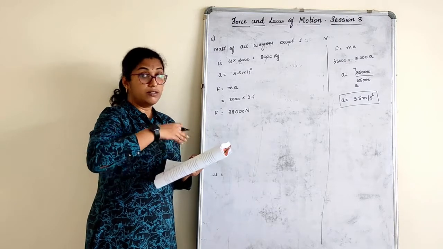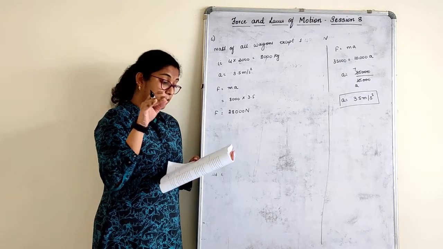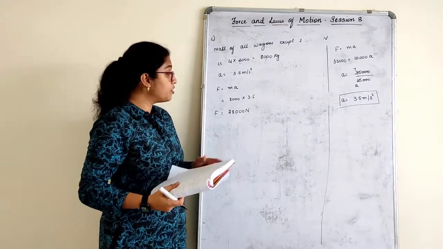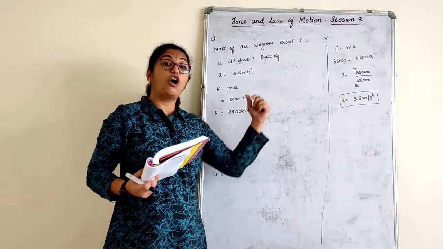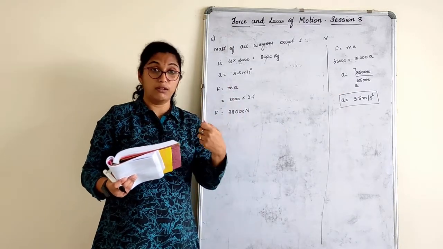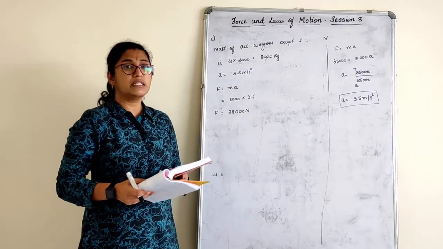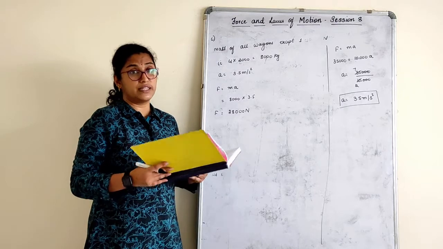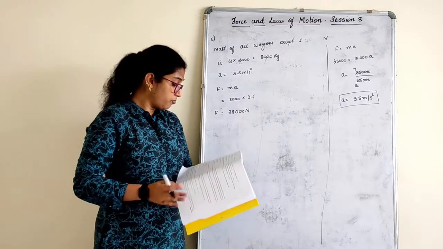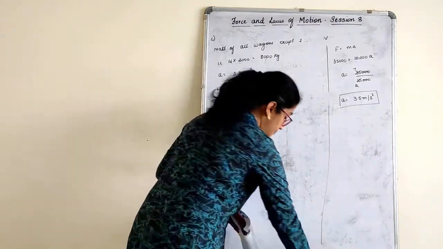Hence the force exerted by wagon 1 on wagon 2, to pull, is 28,000 Newtons. This is how you go. This question is asked in most of the exams. We'll go with the next one now.